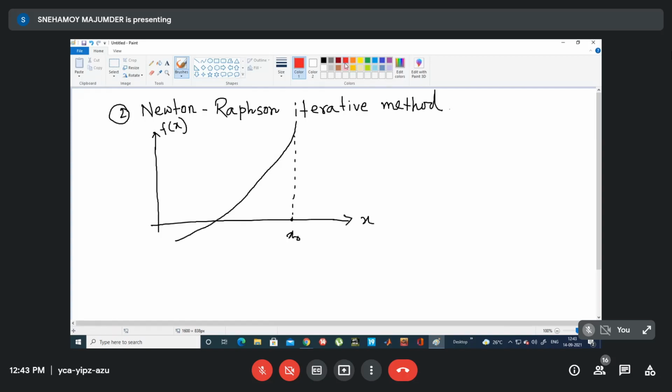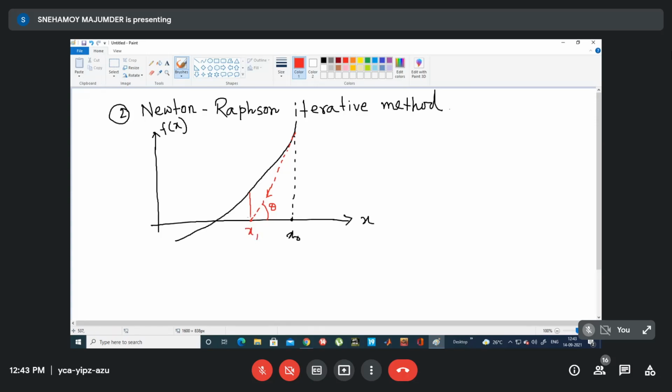And I make a tangent here. It is starting here. This is the angle theta. And this is my x1.